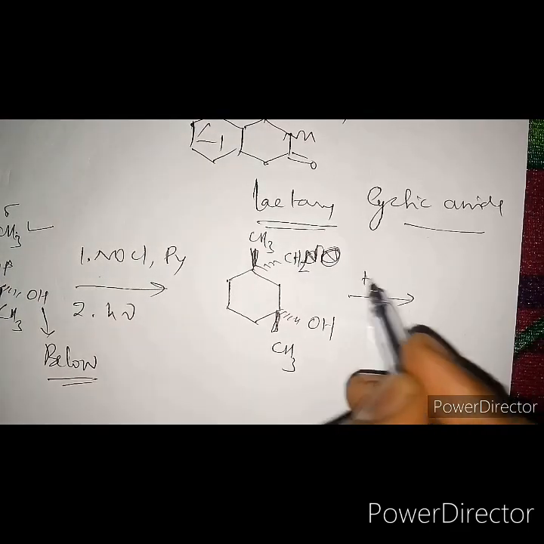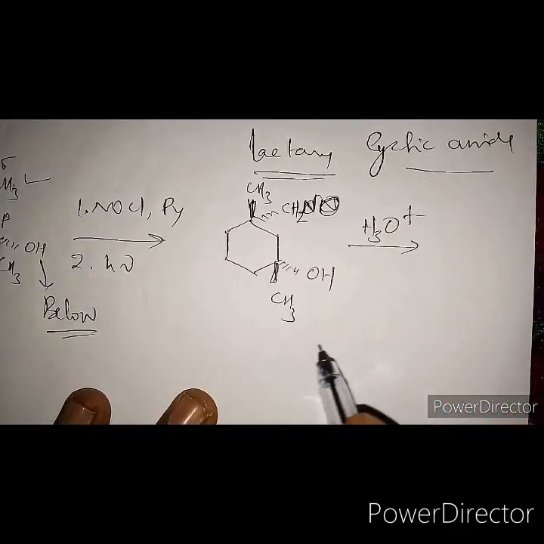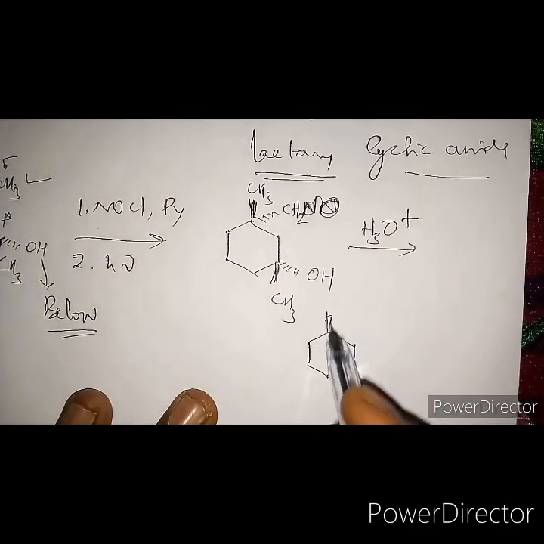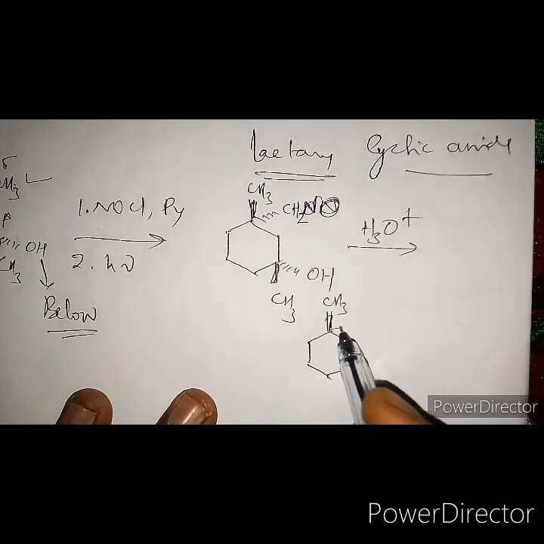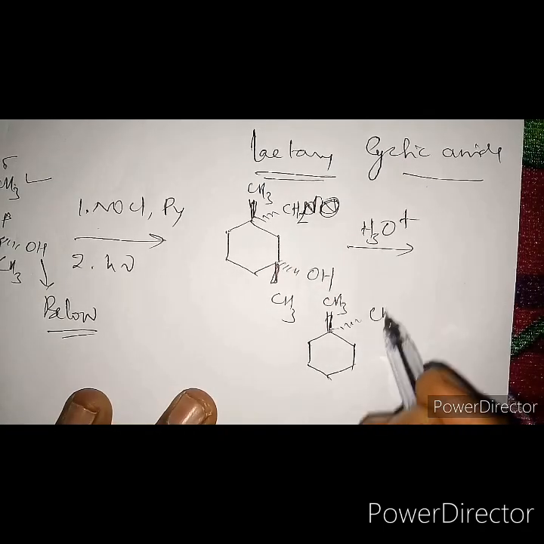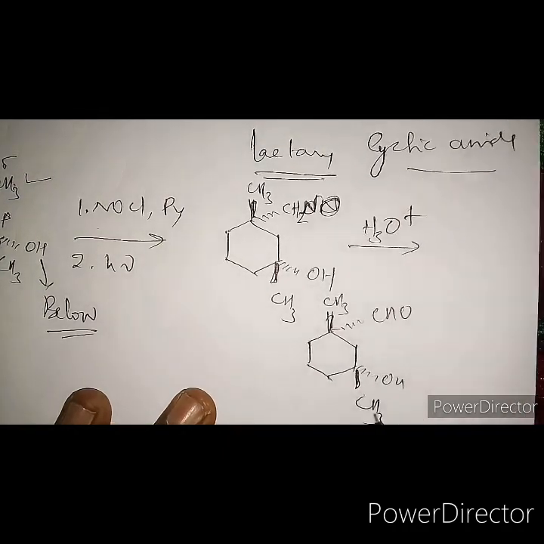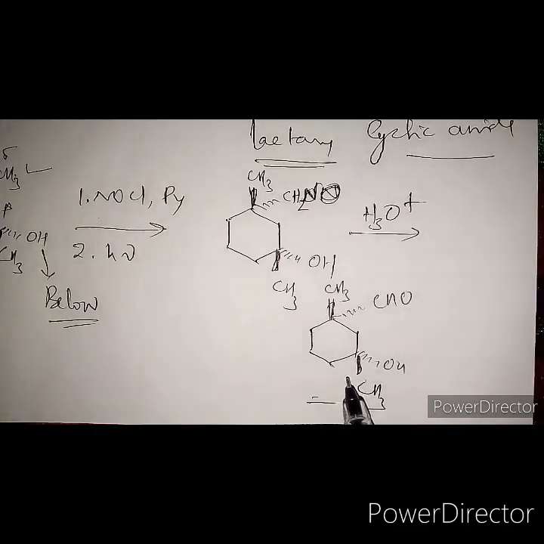Now this will undergo a hydrolysis reaction with a weak acid to give an aldehyde, CHO, OH, CH3. So this is the final product in the Barton reaction.